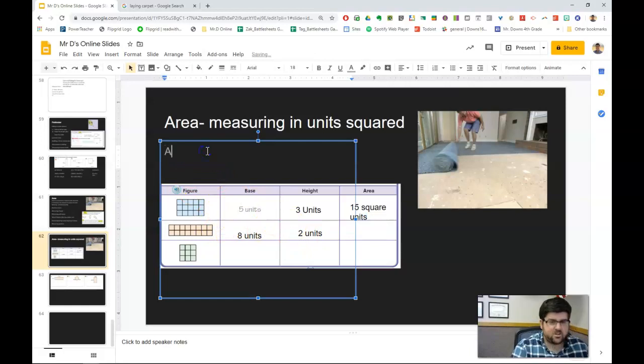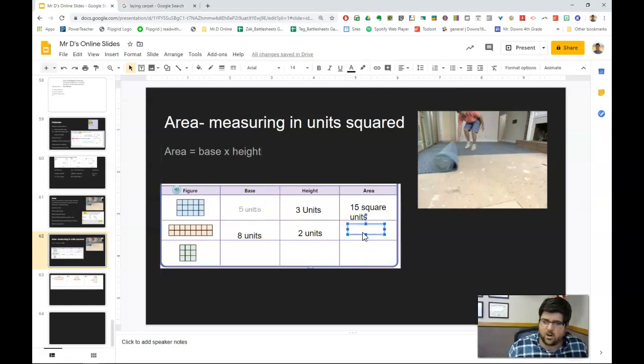So one way to actually think about area is to think about area as being the base times the height. You can multiply the bottom number or the top number times one of the side numbers to calculate how many square units it is. So in this one I could count them all individually, or I could say 8 across the bottom times 2 on the side equals 16 square units. Not units, units.